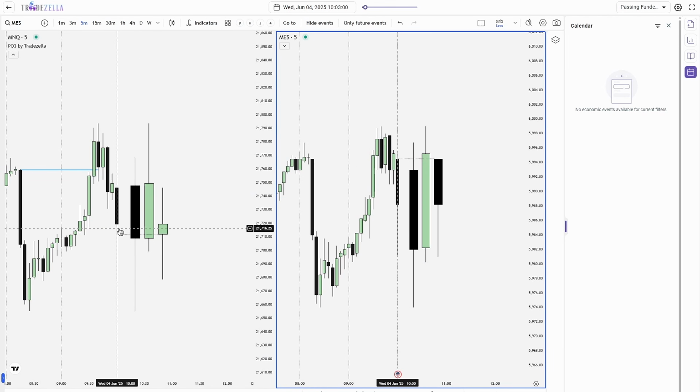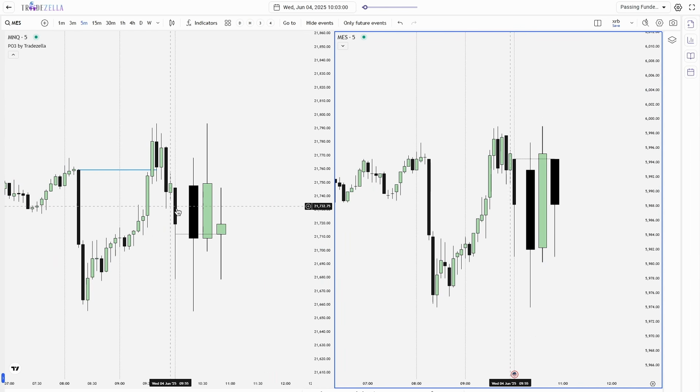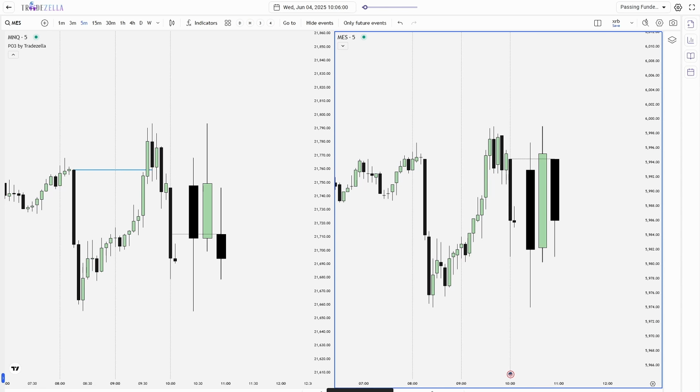So this is 4th of June. Yes, we do have a 10am news on 4th June. So we will see if it's providing a bullish entry again, because we are going lower very aggressively.